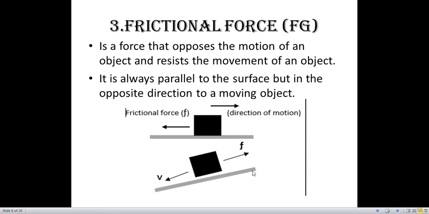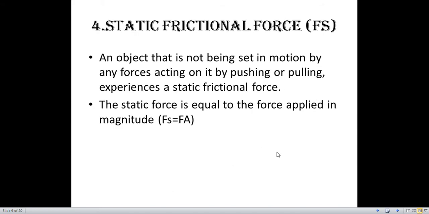And then you can also see your object on an inclined surface here. The object is going down, and your force of friction is resisting the movement in the opposite direction.